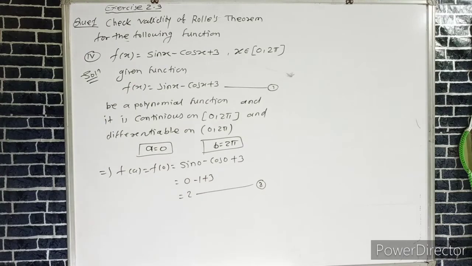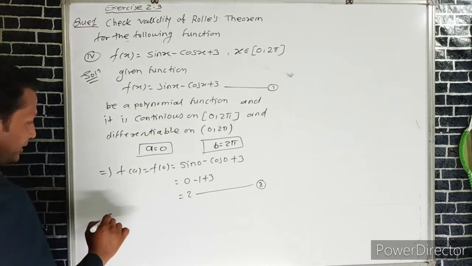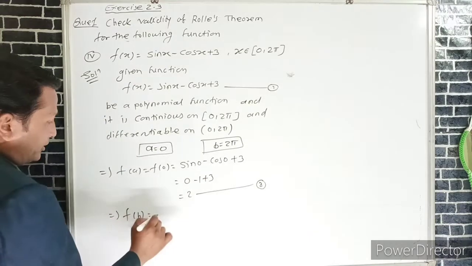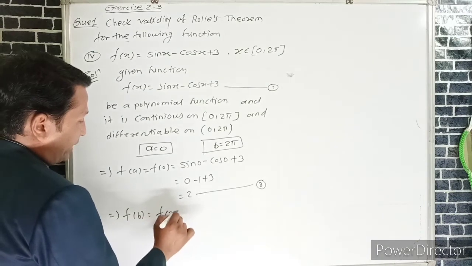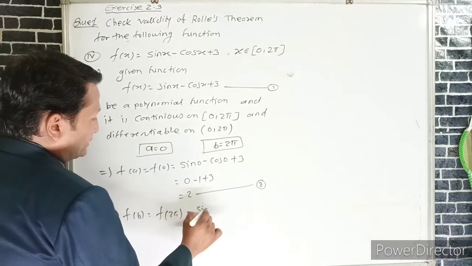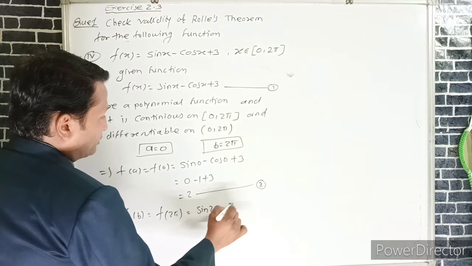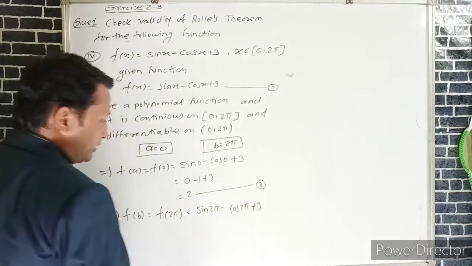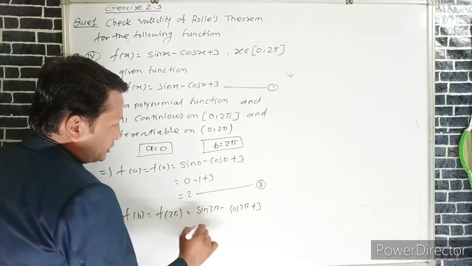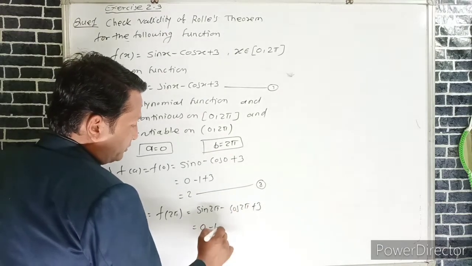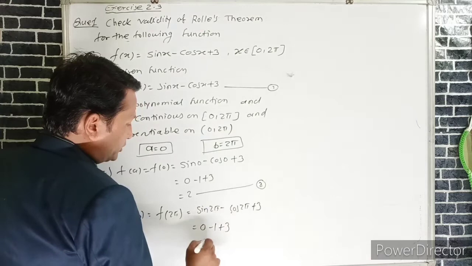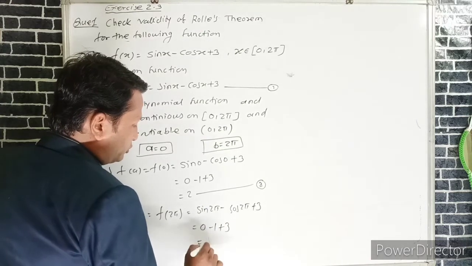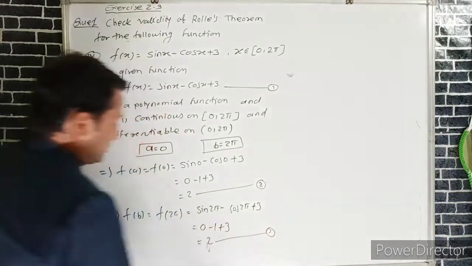Again we have to find f of b, that is f of 2 pi. We can write sin 2 pi minus cos 2 pi plus 3. Again, the value of sin 2 pi is 0, cos 2 pi is 1, so minus 1 plus 3, which is 2, number 3.